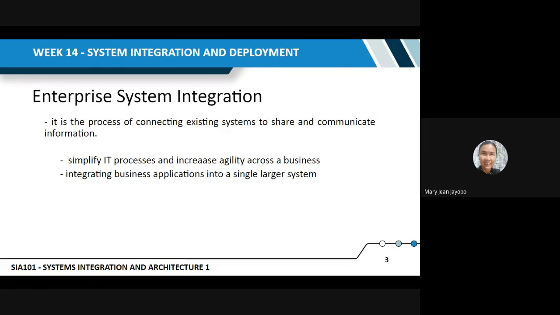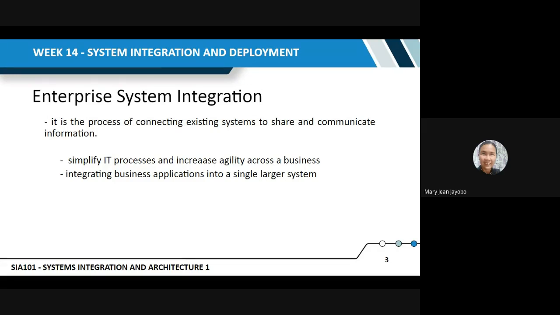Even if they upgrade their system, if the people who will be using it are not knowledgeable or not updated also, there will be a problem. So this is what we call the business ecosystem, integrating the system properly.